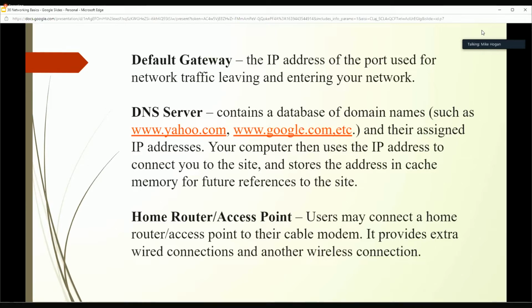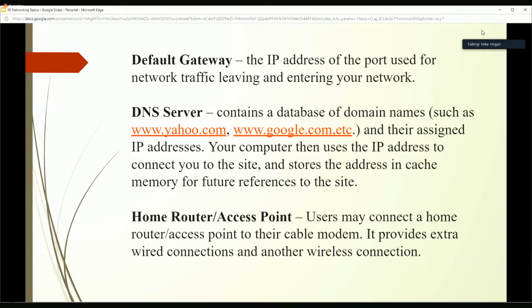Well, same thing is true with numbers and locations. It's much easier for us to remember the name of a website than it is to remember the address, right? It's much easier for us to remember names than it is numbers in general.